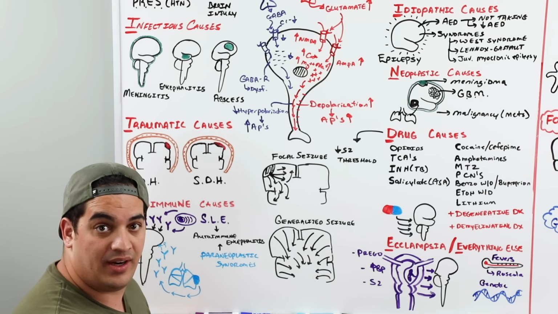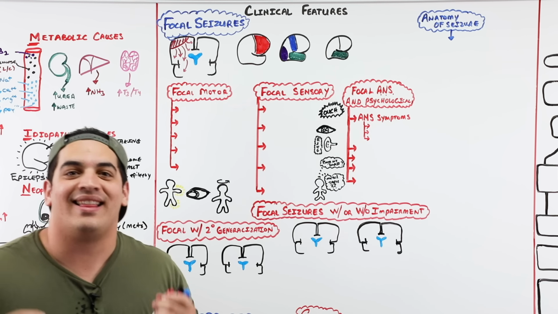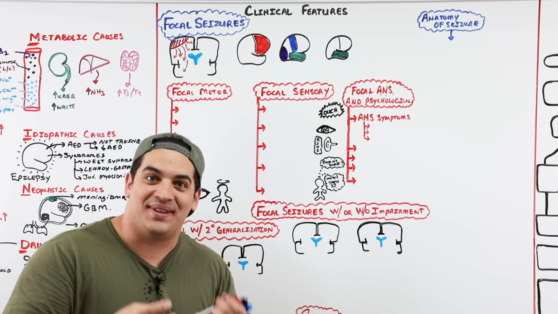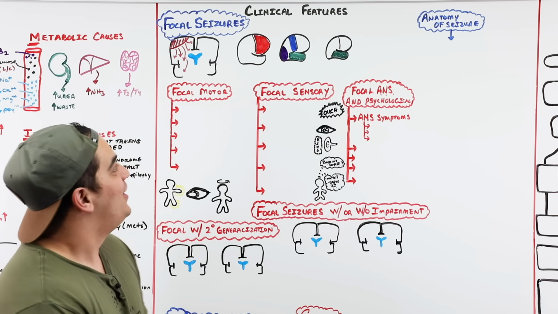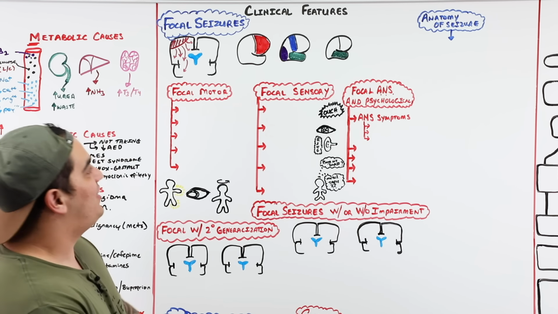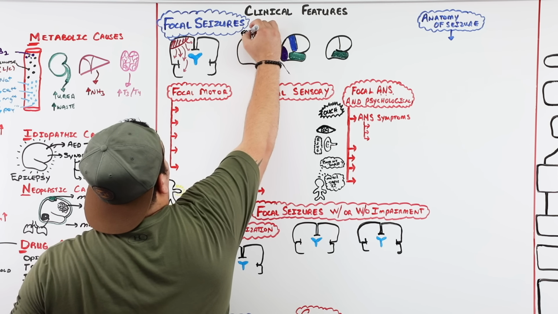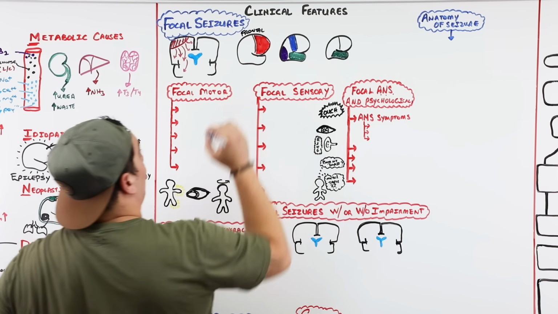When that happens, you want to think about this. Whenever there's abnormal excessive electrical activity within a particular part of the brain, think about your anatomy and physiology of the brain. First, the frontal lobe. What are the big things controlled within the frontal lobe?